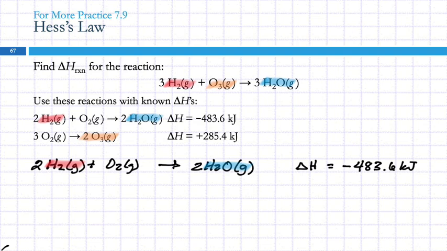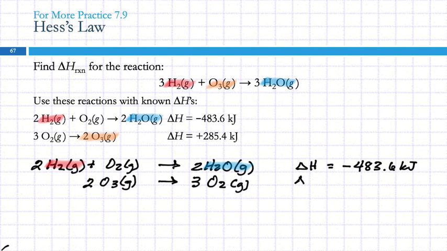So I've got my red and my blue in the correct places. I need to get the orange in there, like the ozone. So this other equation has ozone, but it's a product, not a reactant. So I need to write it backwards. 2O3 is going to make 3O2.